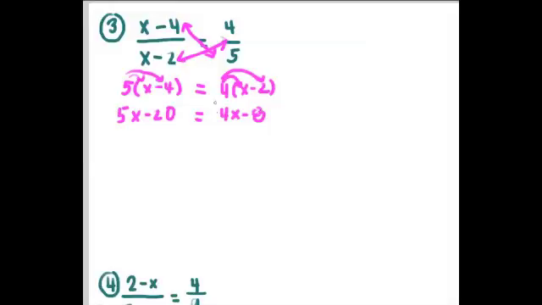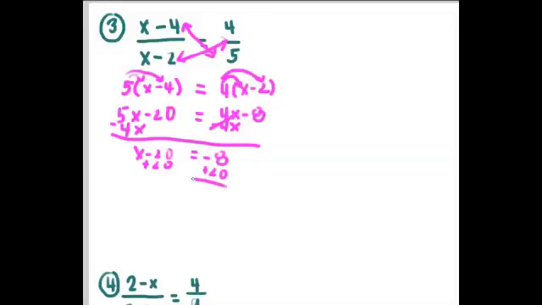So this is one of those problems where you get x by itself, and you want to get all the numbers on the other side. So I'm subtracting that 4x over. I get x minus 20 equals negative 8. Now add 20 to both sides. This cancels out. x equals 12, and that's it, okay?